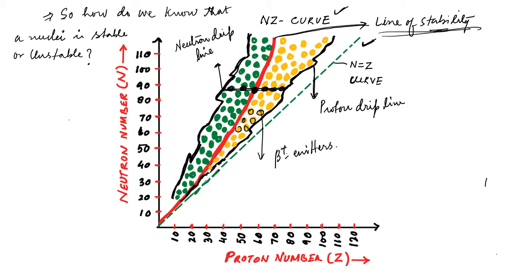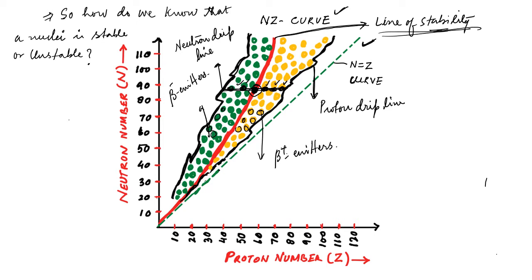And all those nuclei which are lying on the left side of the line of stability, like these green ones, are known as the beta minus emitters. Among all these isotopes, this is the most stable one, which is lying on the line of stability.